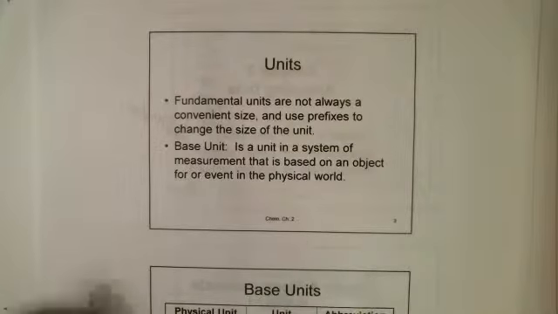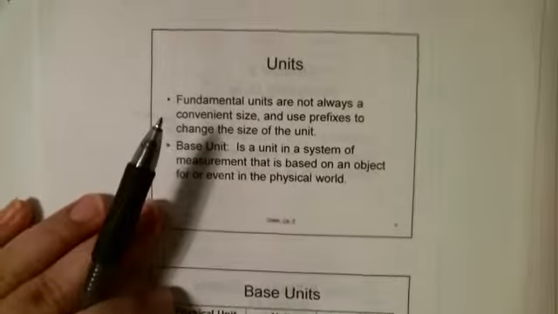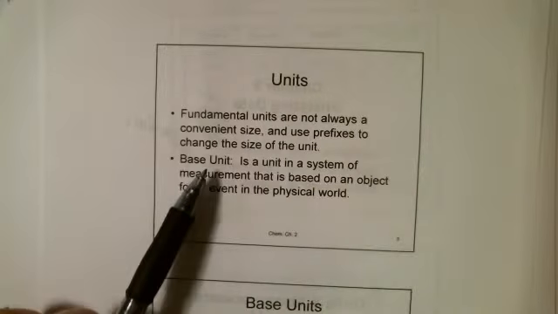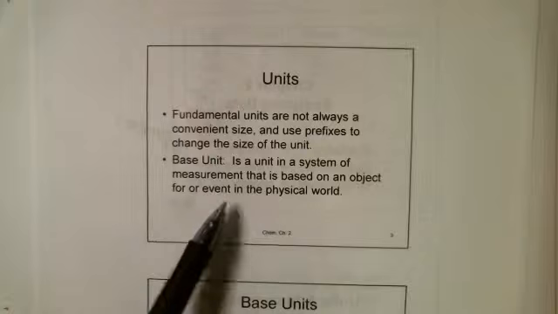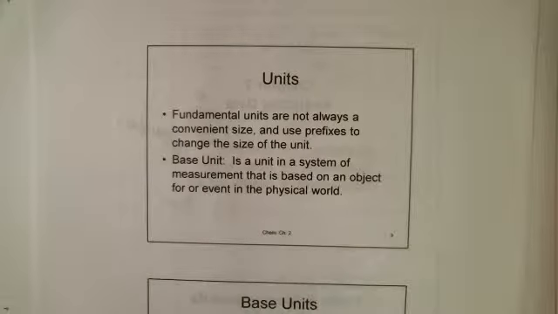A base unit is a unit in a system of measurement that is based on an object or event in the physical world. Now what that means is that there's actually something, an object, for example, that exists in the real world, and that is how our base unit was derived. So, for example, a kilogram, how did we come up with a kilogram?